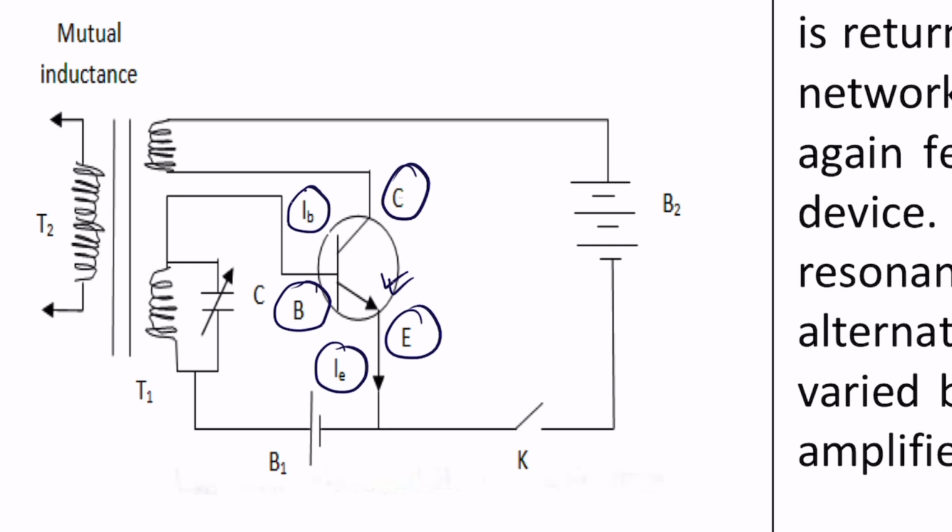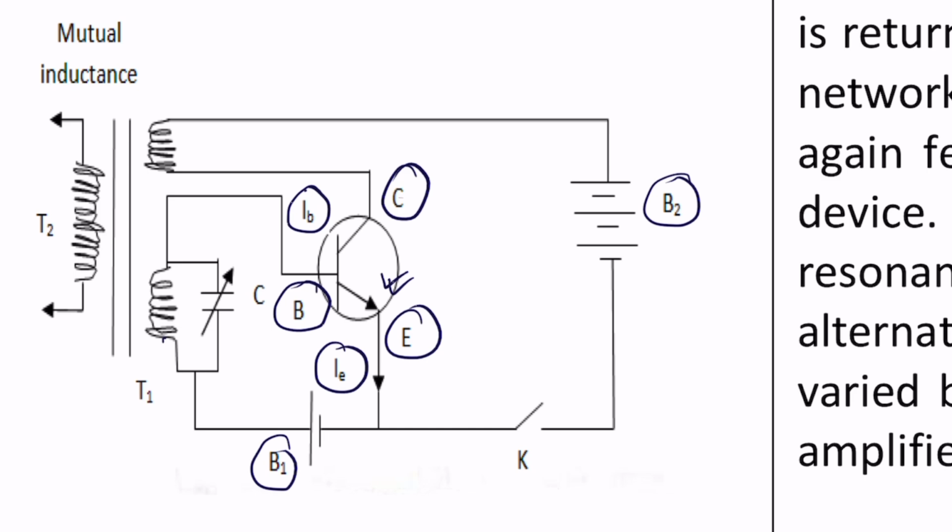Now see here, the inductor LC circuit is provided. This is the battery to drive the input voltage, and here we have B2, the source of voltage.